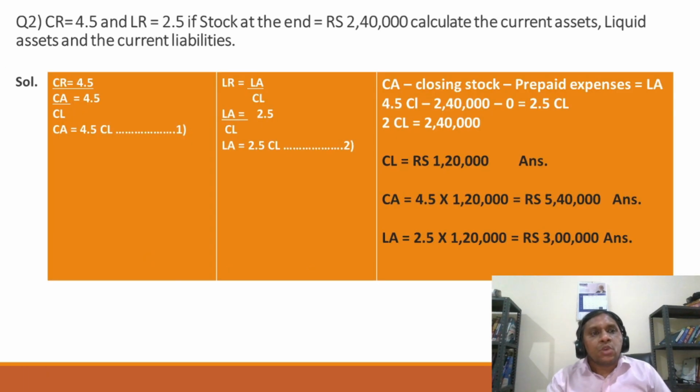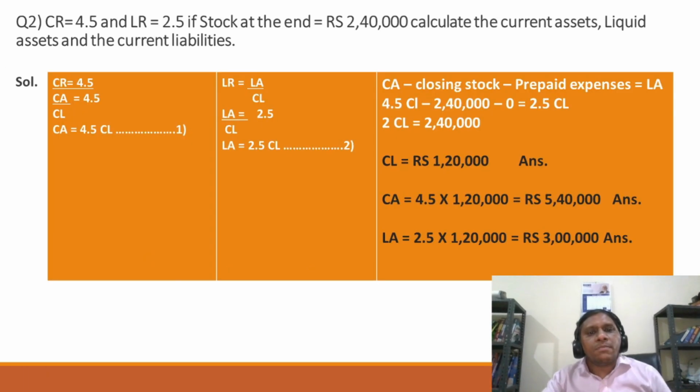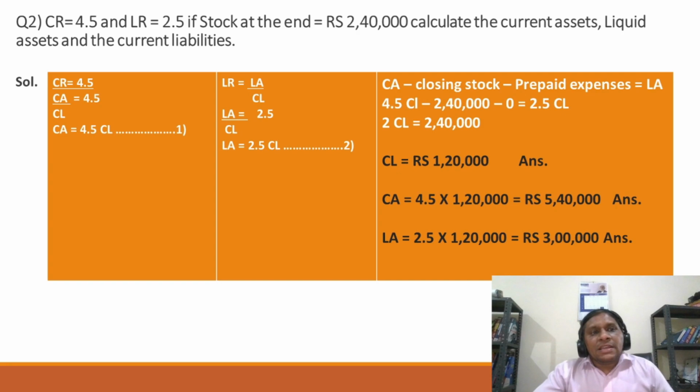Dear children, question number 2 from our side. See, current ratio is given to you as 4.5. Liquid ratio is 2.5. Stock at the end is 2,40,000. You need to calculate current assets, liquid assets and current liabilities.